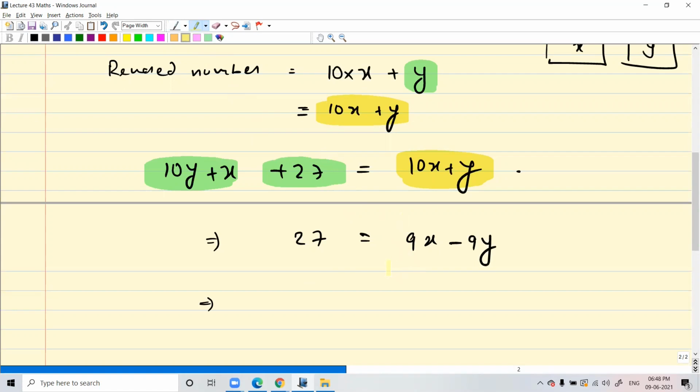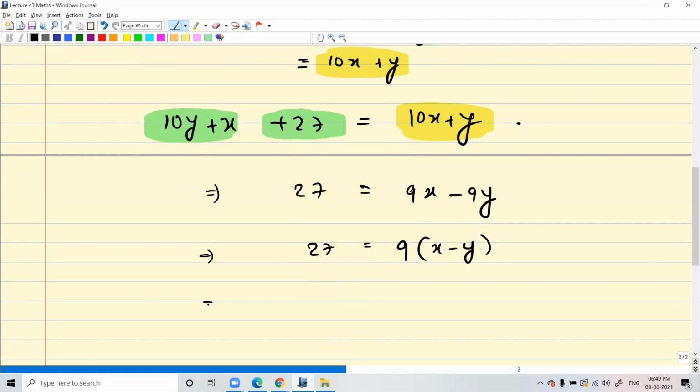Take that 9, what? Into the left-hand side, sir. Which 9? There are two 9s. Sir, can we take it common outside and then transfer it to the other? Yes, exactly. That is what you also meant, right, Hari? You want to take that 9 common. So it becomes x minus y, and then I can send my 9 to the other side.